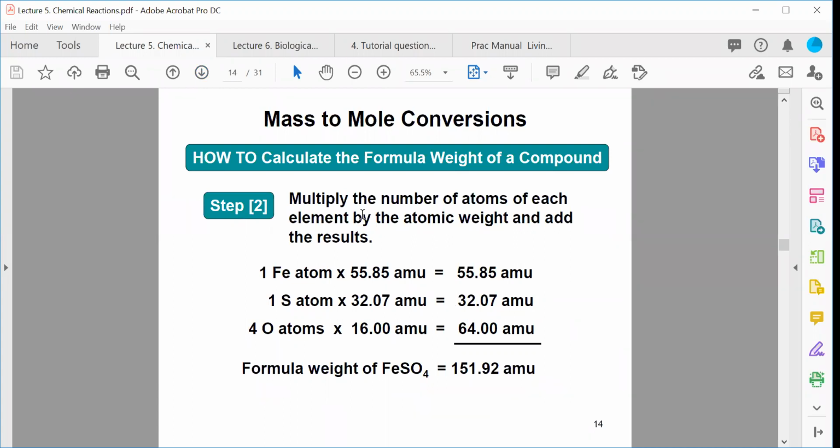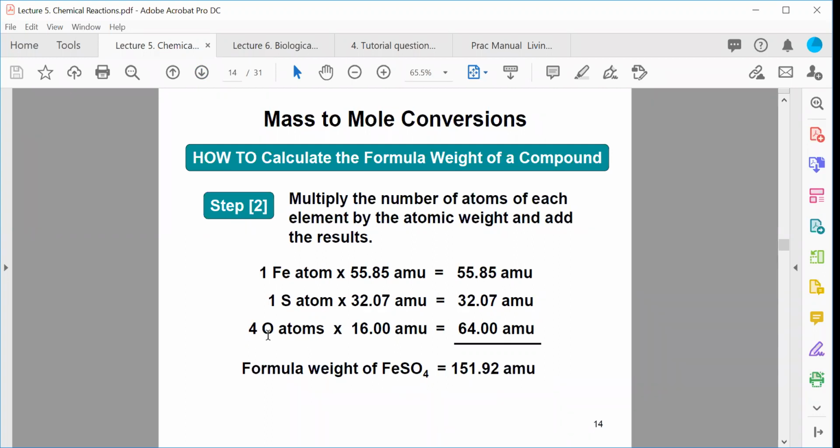All right, so step 2, multiply the number of atoms of each element by the atomic weight or the atomic mass. Remember, you get that from the periodic table. So if you look up iron, you will find the number 55.85 AMU. We've only got 1 of them. We've got 1 sulfur in the compound. You'll find this number on the periodic table, 32.07.